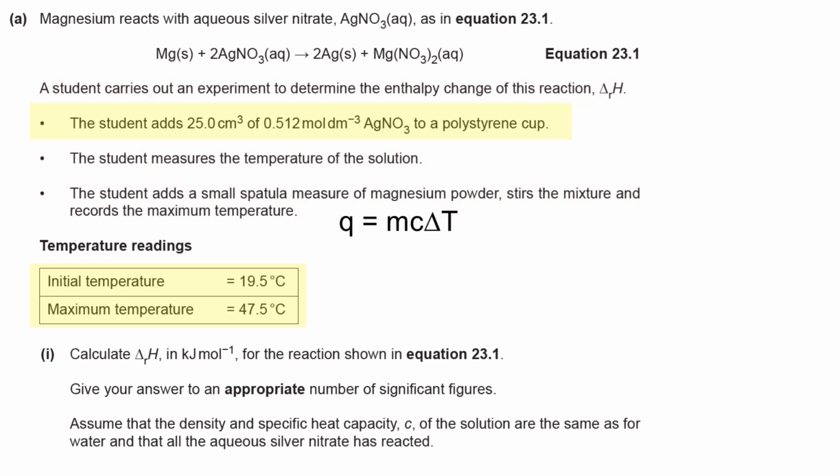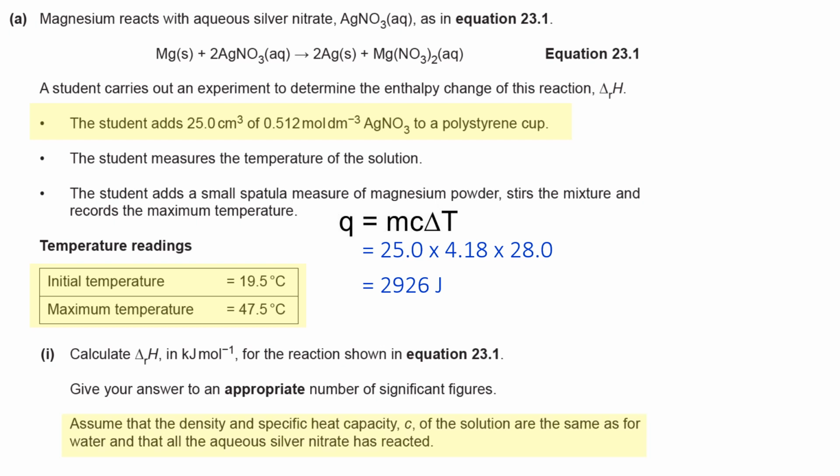So putting Q equals mc delta T down, you can take 25 centimeters cubed and treat that as 25 grams of water, times 4.18 times 28.0, 28.0 being the difference between 47.5 and 19.5. So that gives us 2,926 joules.